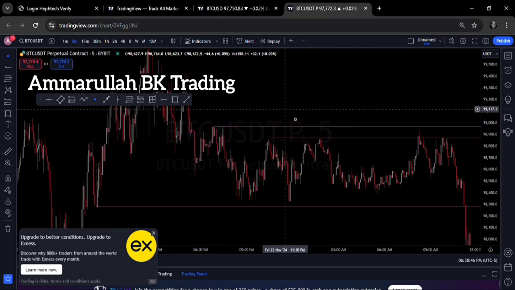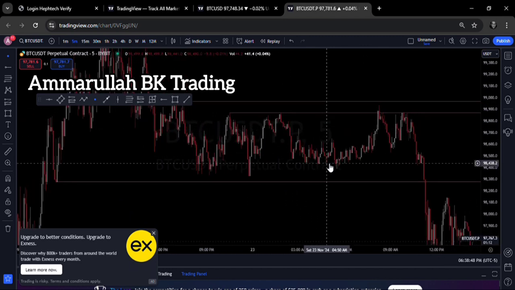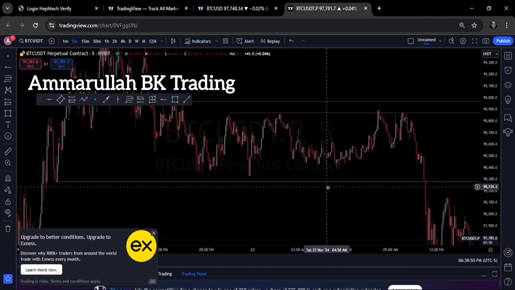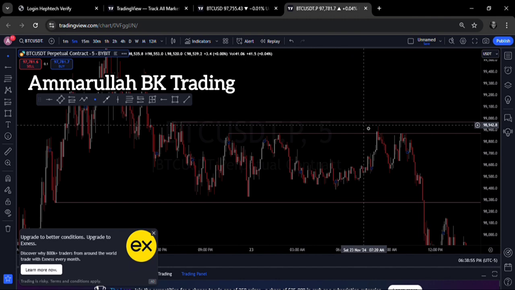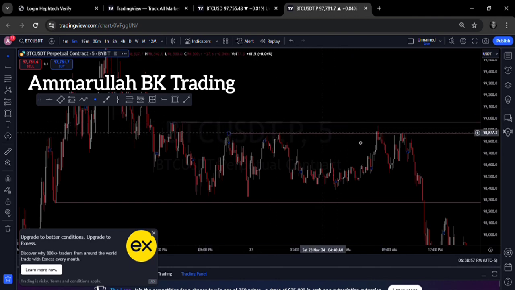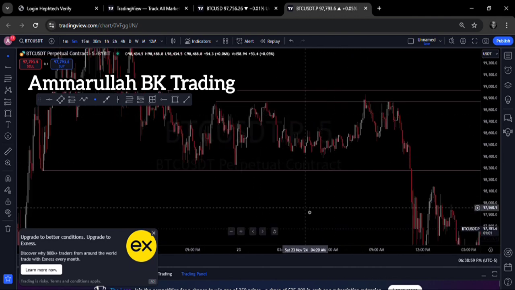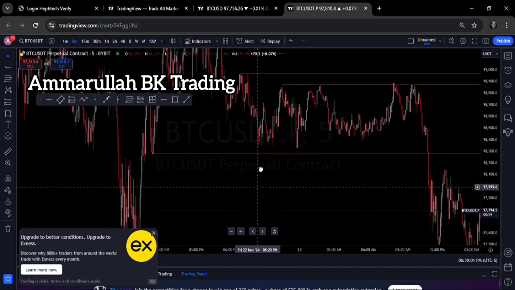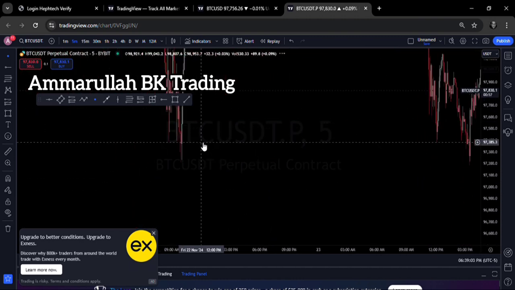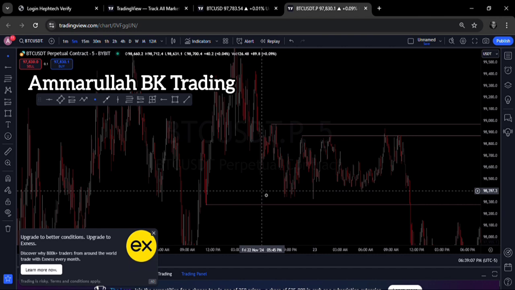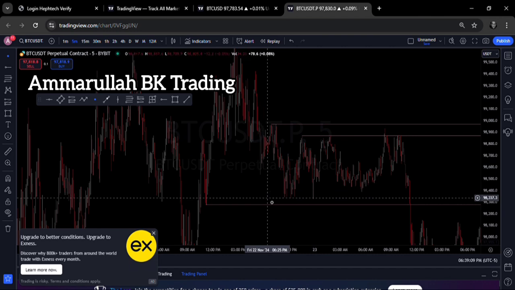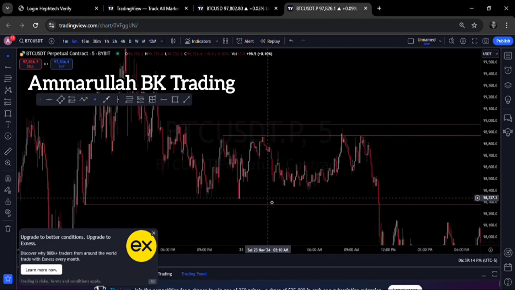So I am expecting the price to either sweep the low first and attack the high, or sweep the high first and attack the low. We already know there are some imbalances if we go back to the higher time frame that Bitcoin needs to fill, because price normally doesn't just move aggressively without making any correction before continuation of any movement.